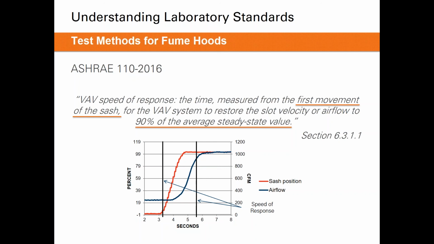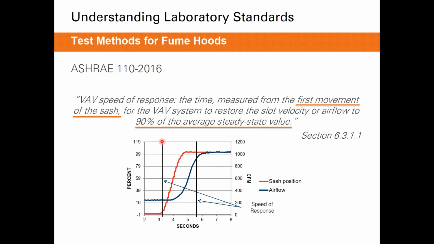So in our mock example here, we're measuring from the time where our sash starts moving, where this red line starts increasing, to where we reach 90% of our airflow required for 100 feet per minute on the exhaust valve. That is defined as our speed of response in ASHRAE 110.